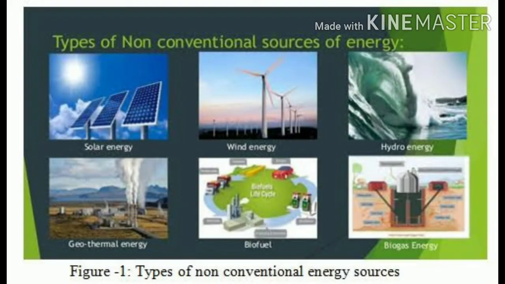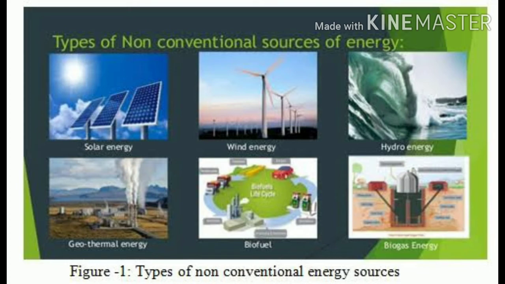On the other hand, we have non-conventional resources, which are not traditional resources used for energy generation. For example, energy from biogas, solar energy, wind energy, wave energy. All these are non-conventional in nature.